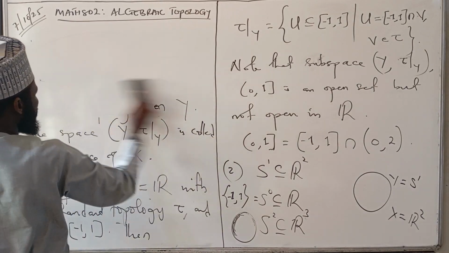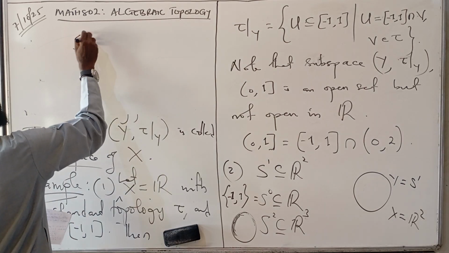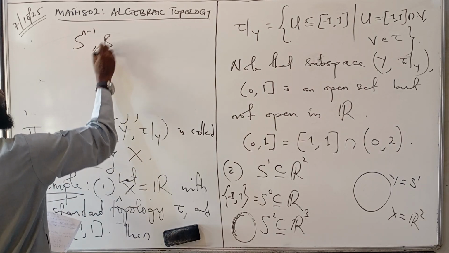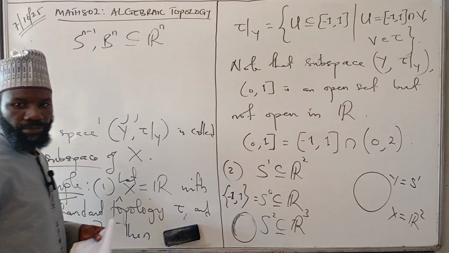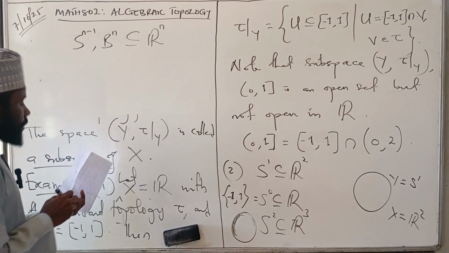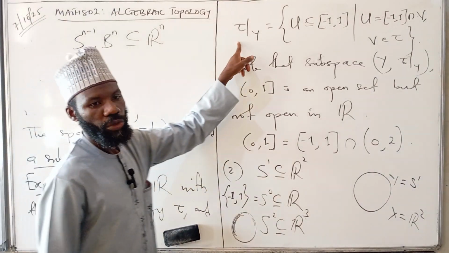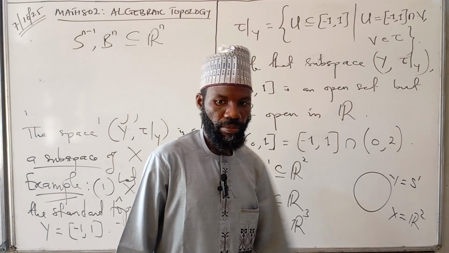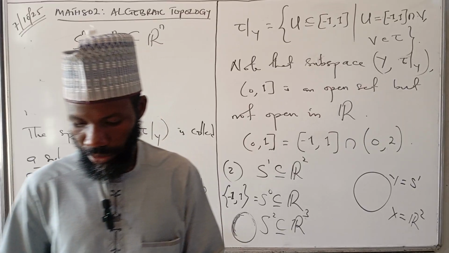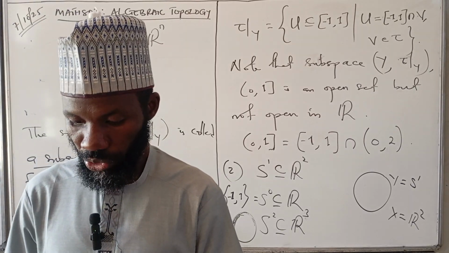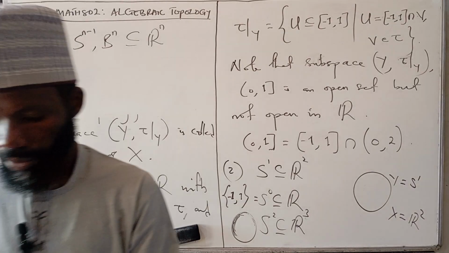So in general, the sphere of dimension n-1 and the n-dimensional ball, these are subspaces of Rn. Okay, but when you speak of them as spaces, you should understand with the relative topology. Okay? Good then. All right. So this is one way to construct new space out of existing spaces.